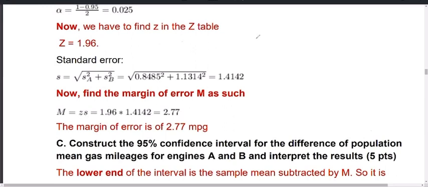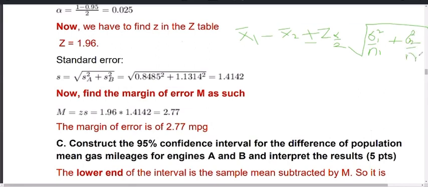You remember the formula we know from class: to construct a confidence interval, X bar 1 minus X bar 2 plus or minus Z alpha over 2, times the square root of sigma 1 squared over n1 plus sigma 2 squared over n2. The whole of this part is the margin of error.